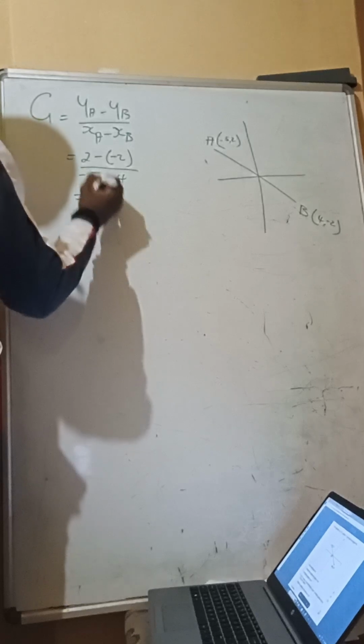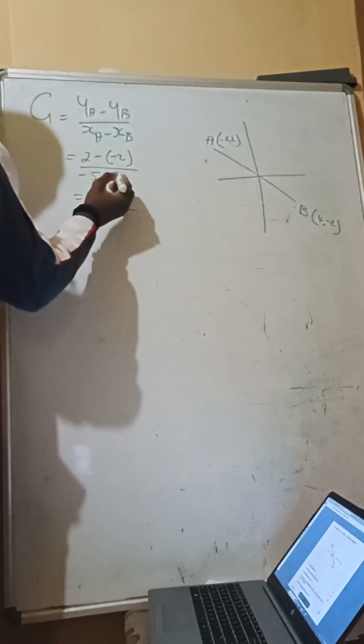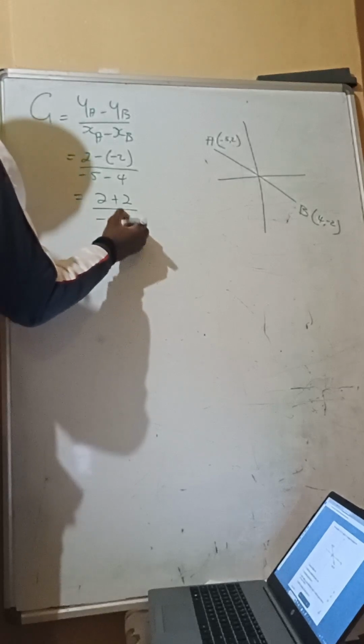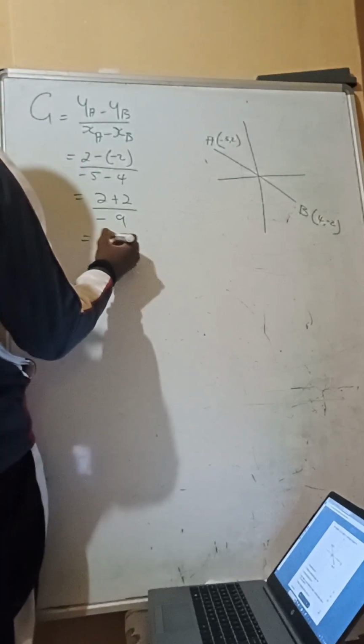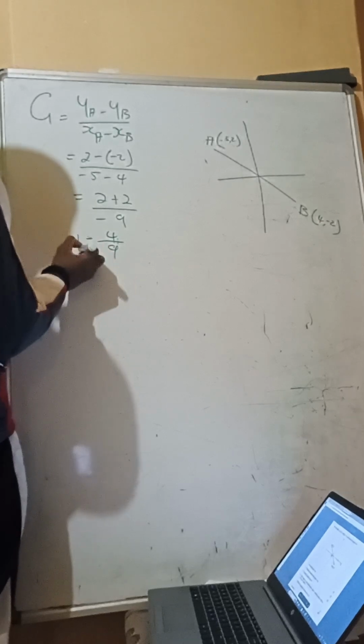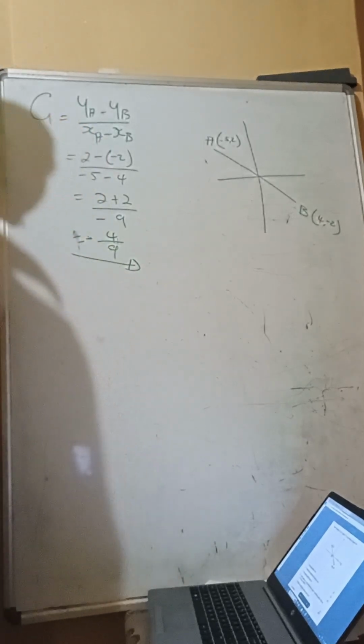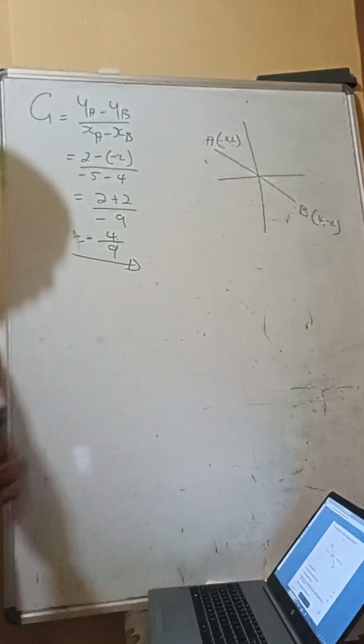So we're going to have 2 plus 2 all over minus 5 minus 4 is going to give us minus 9. Therefore, we have 4 over 9, but it must be negative. So we have negative 4 over 9 as the gradient of line AB.